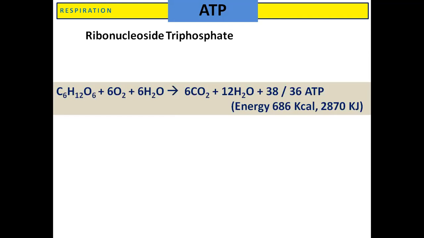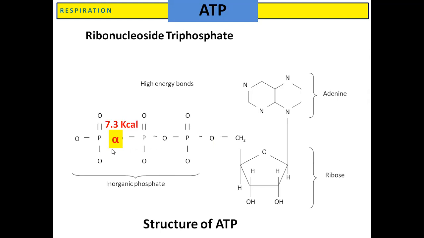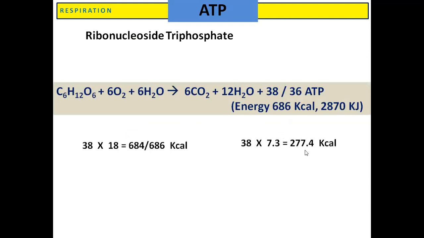Now, here is one important point. You can see 38 ATPs are produced in oxidation. It contains 686 kilocalorie of energy. But as I told you earlier, the terminal phosphate is used in major metabolic processes. Therefore, if we multiply 38 into 7.3, the efficient available energy for 38 ATP is 277.4 kilocalorie.